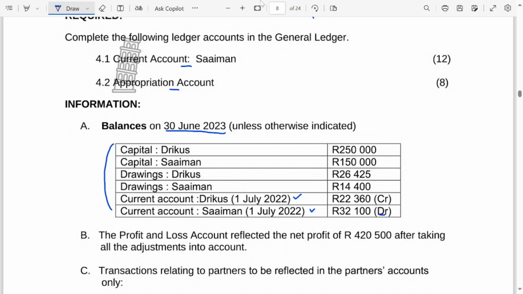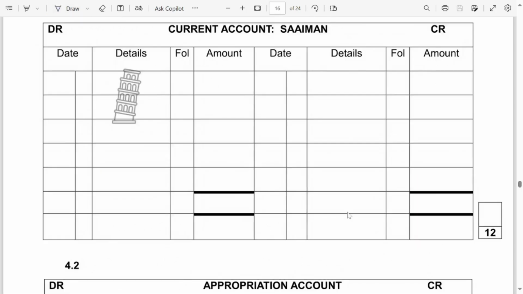Let's go and write it. So this is the first. This is 32,100. It's an opening balance brought down. So it's the 1st of July 2022.